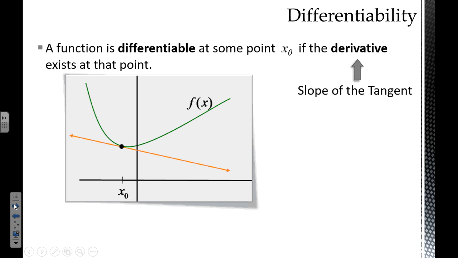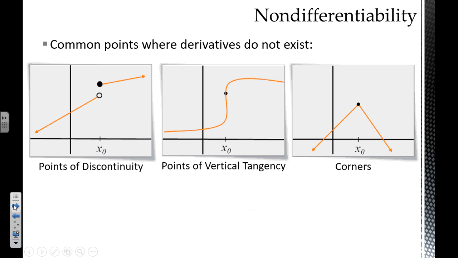Okay? Here are 3 cases. Anywhere where we are not continuous, we're not differentiable. Okay? So if we are not continuous, we are not differentiable. Vertical tangents have undefined slope, right?